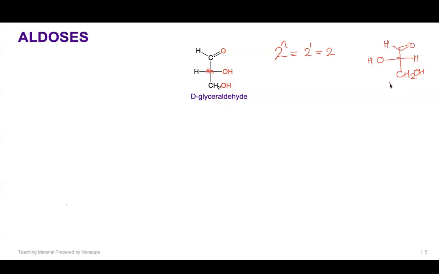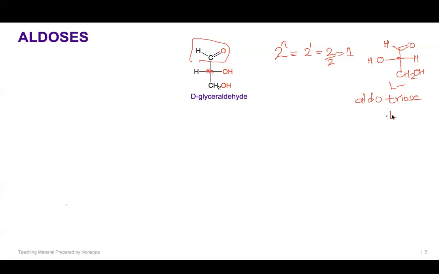But this is the L form of glyceraldehyde, and it does not exist in nature. That means in nature, we can divide by 2, only one is possible. This is 3 carbon containing, so it's a triose, and it has an aldehyde functional group, so it is an aldotriose.